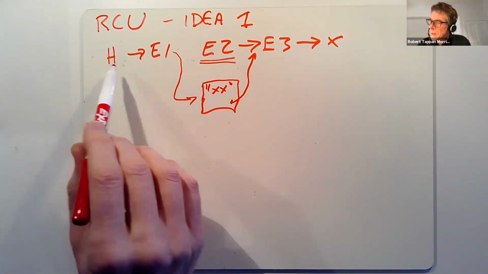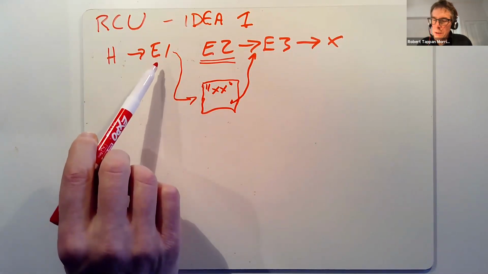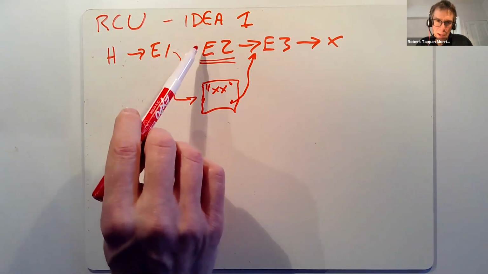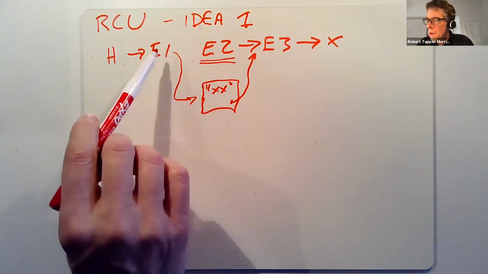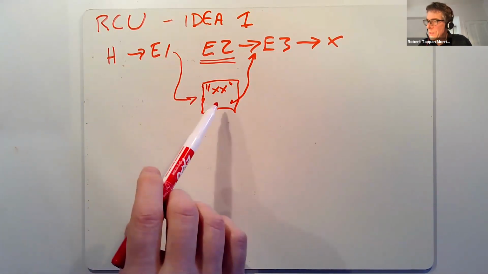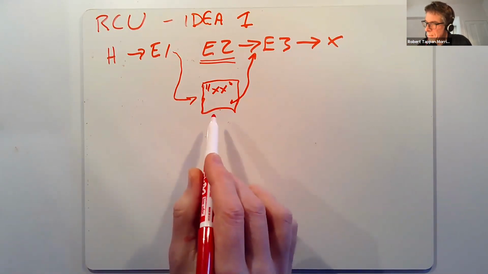So now if a reader's gotten as far as E1 and is just looking at E1's next pointer, the reader's going to either see the old next pointer, which points to E2, and that's fine because nobody was changing E2, or the reader's going to see the new next pointer and look at the new list element.